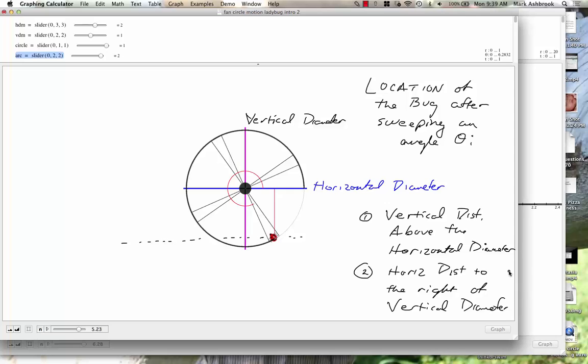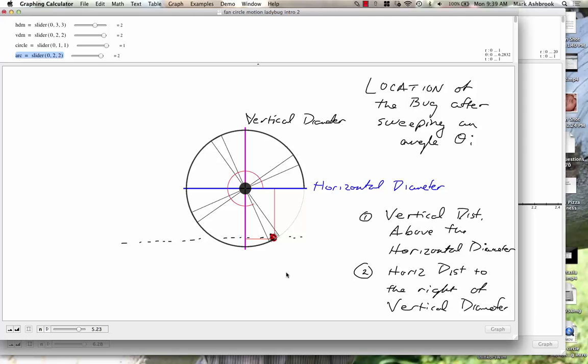Now, if we knew those two, say for this location of the bug right here, I can show that red line. So now I'm showing this red line here and this red line here. This red line is showing the vertical distance above the horizontal diameter. This red line here is showing the horizontal distance to the right of the vertical diameter. Do these two together pinpoint the location of the bug? Right.